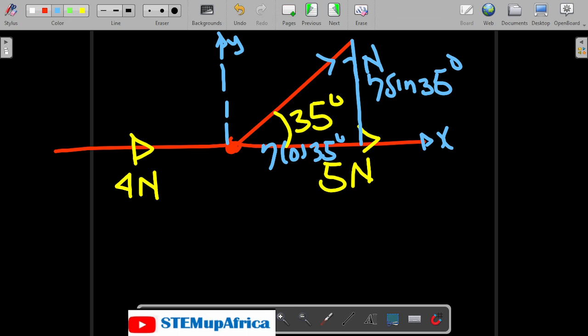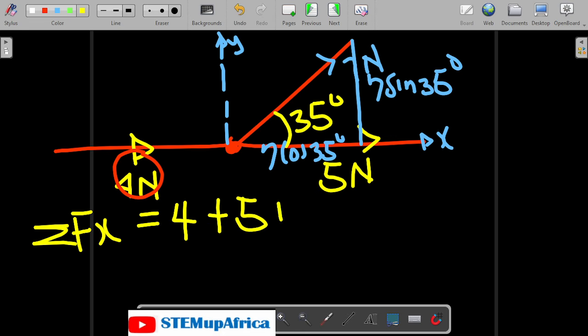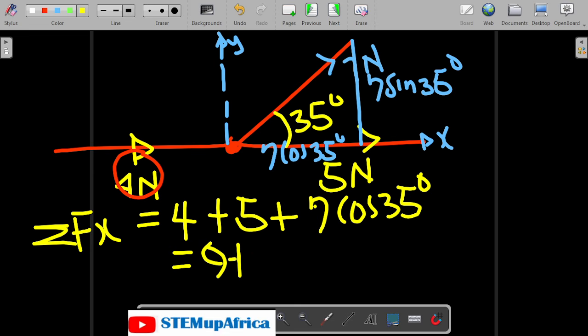So what's my summation F of x now? What are the forces acting horizontally? 4 is acting horizontal and it's a positive force, following sign convention. 5 is horizontal, it's positive also. 7 cos 35 is horizontal. So I'm having 9 plus 7 cos 35.